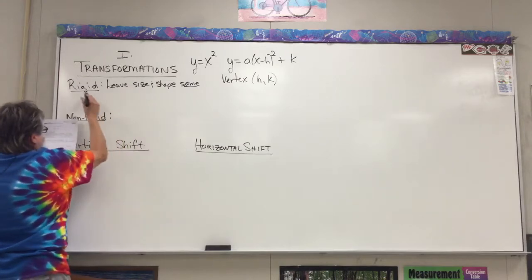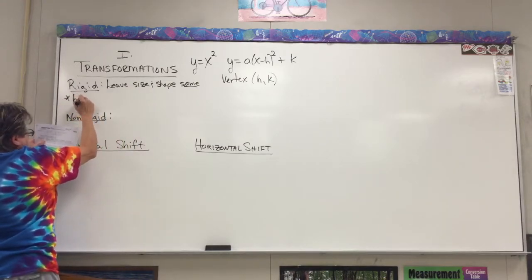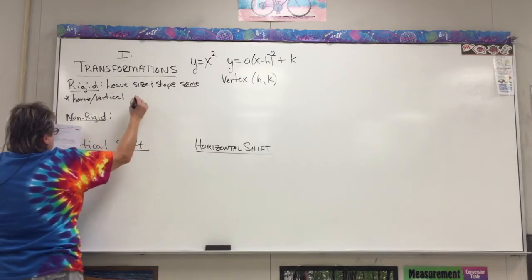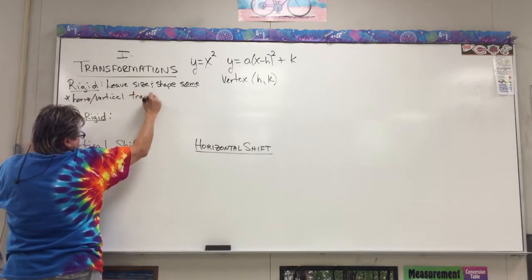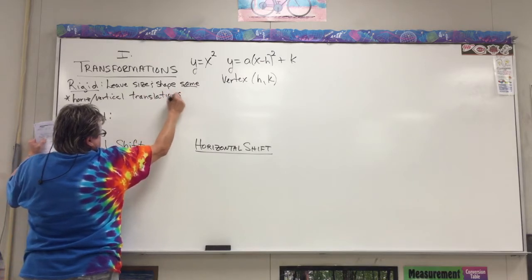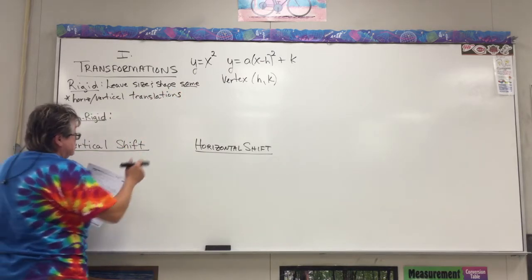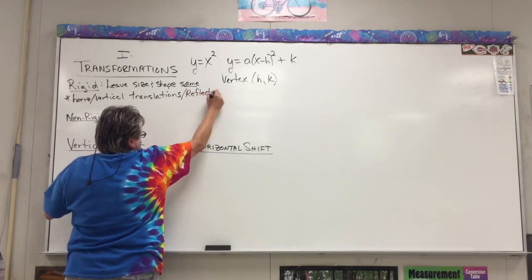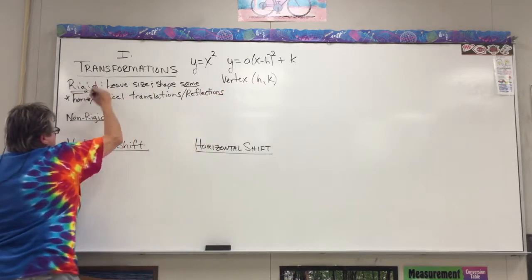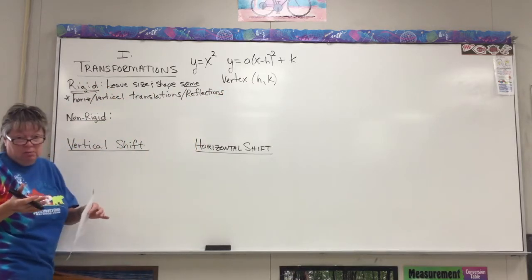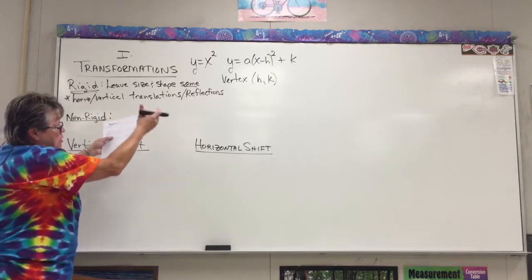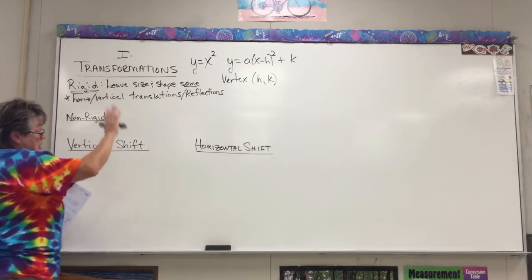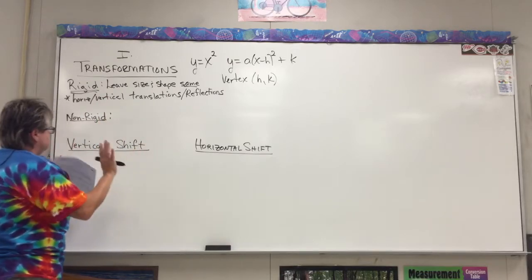Things like horizontal or vertical translations, reflections. Those are going to be rigid transformations. You're not going to change the size and shape of your graphic, your parent function. You're just going to move it around. Slide up, down, left, right, flip, stays the same.